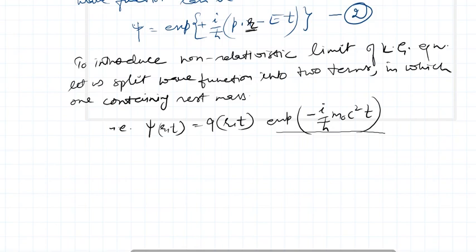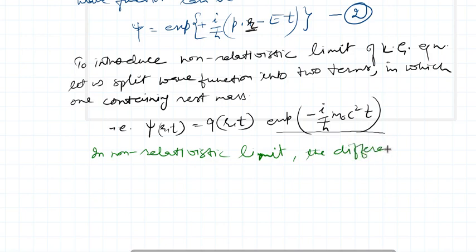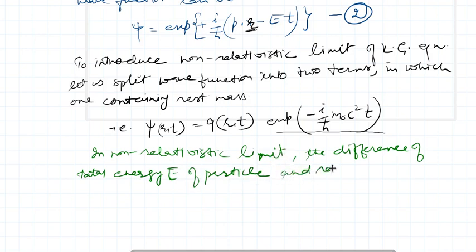So in the non-relativistic limit, the difference of the total energy E of the particle and the rest mass energy, that is m naught c square, is small.